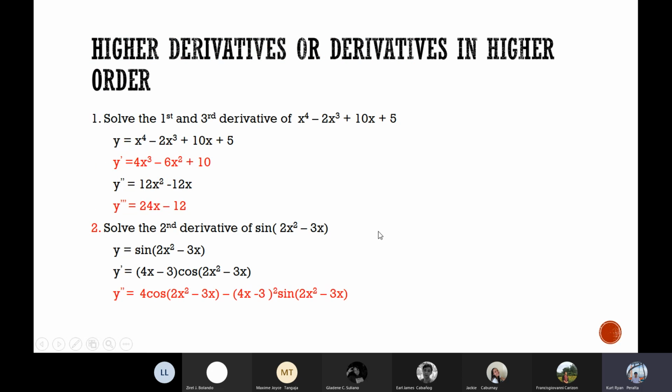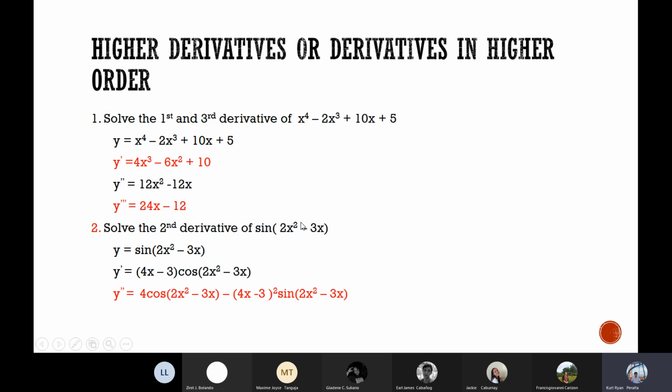Next is a bit more complicated. We have trigonometric functions. Solve the second derivative of sine of 2x squared minus 3x. Here the chain rule we taught earlier can be applied. We rewrite it as sine of 2x squared minus 3x.